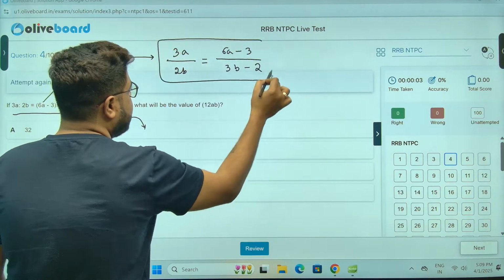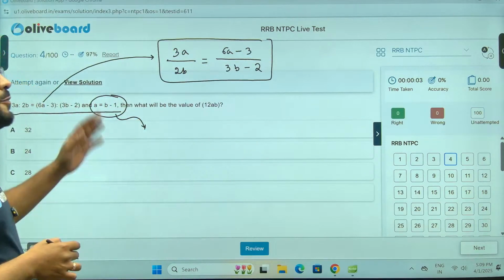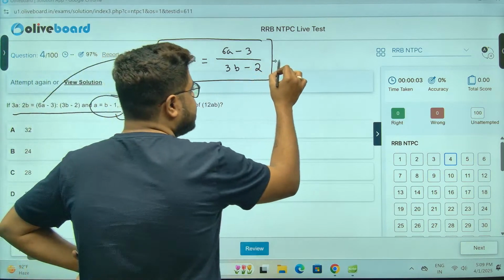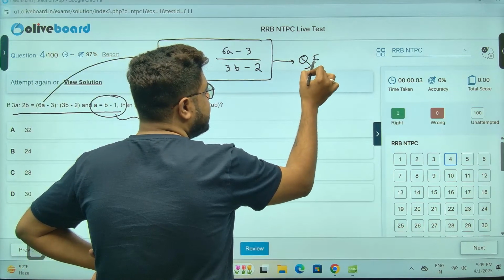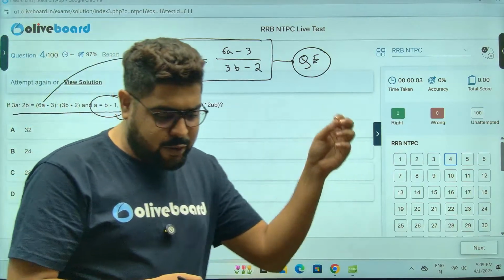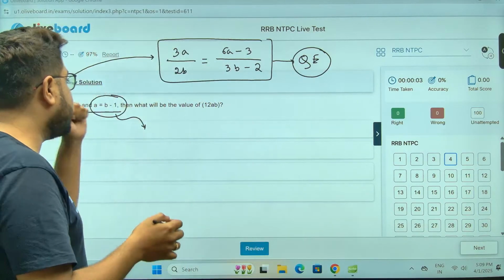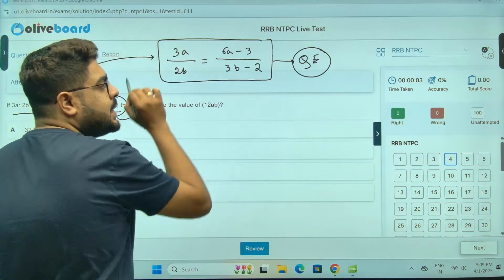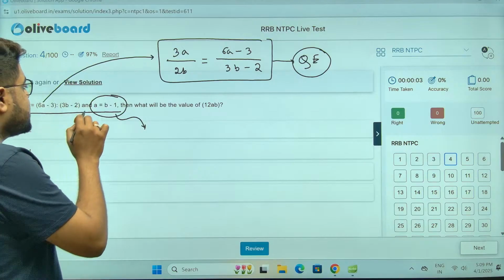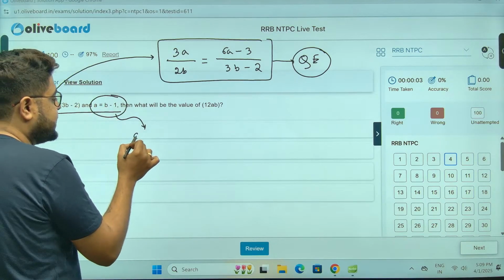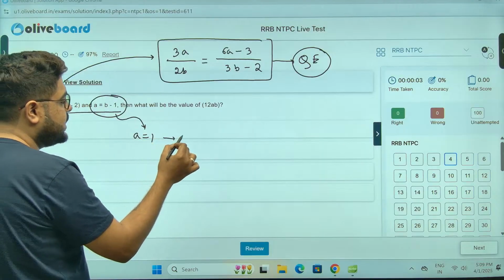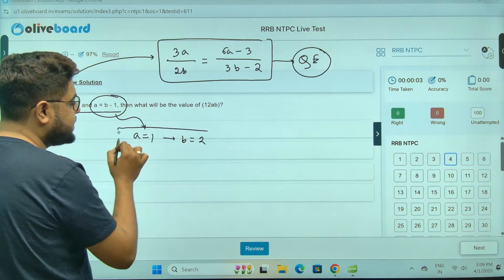Now A is given in terms of B, but if I substitute, there's a strong chance I'll get a quadratic equation, and that will open its own can of worms. How to avoid that? If I put any one as 0, the whole thing will become 0, so I cannot. The best thing is A is 1. The next best thing, other than 0 and 1, means B is 2. 2 minus 1 is 1.